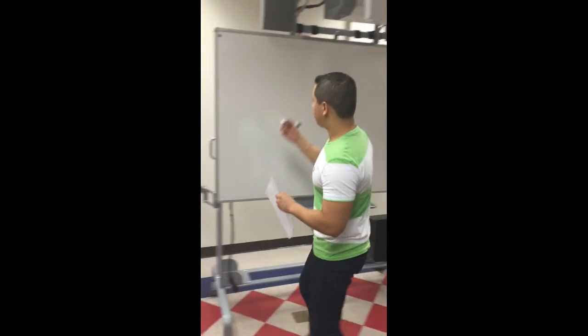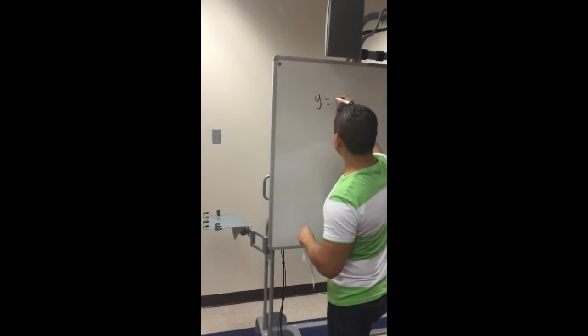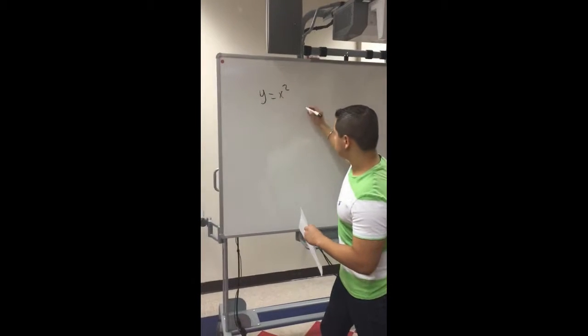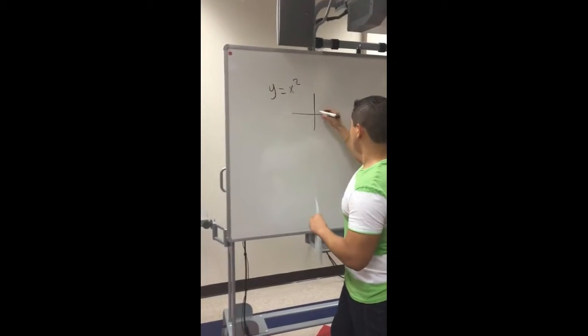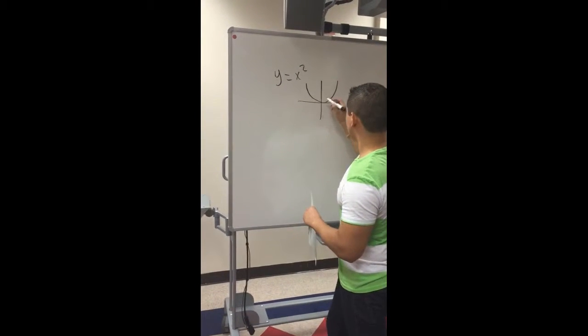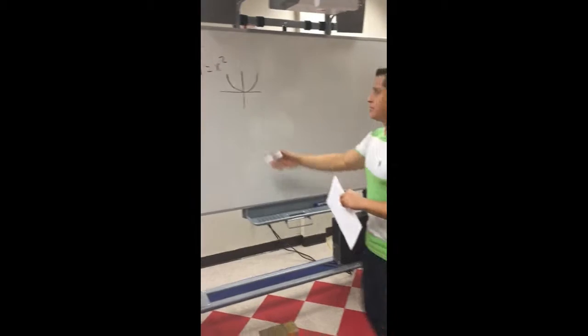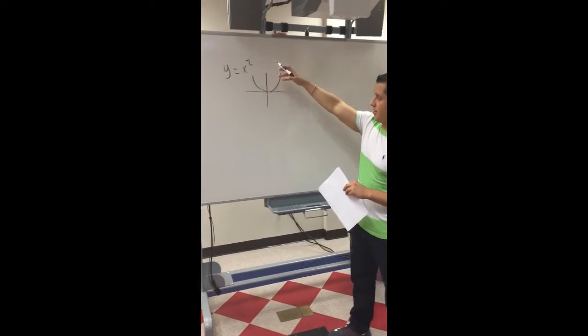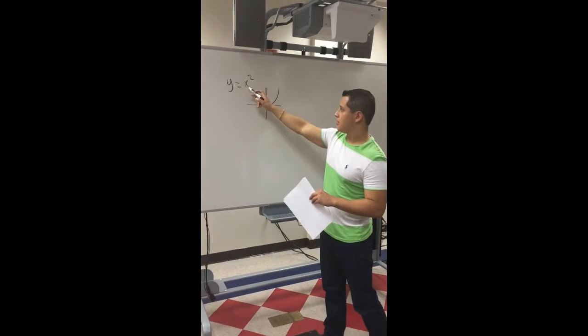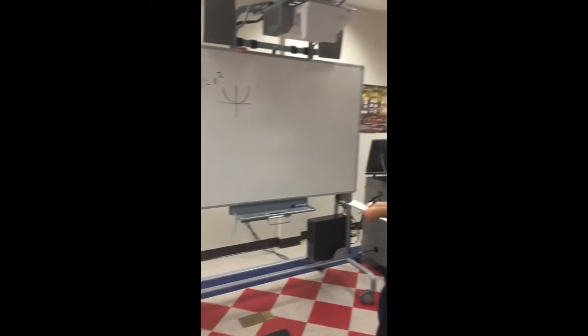The parabola that we saw over there is very similar to the form y equals x squared. Since you're squaring x, it's going to be a parabola going either up or down. In this case, it's going up because you are working with a positive x.